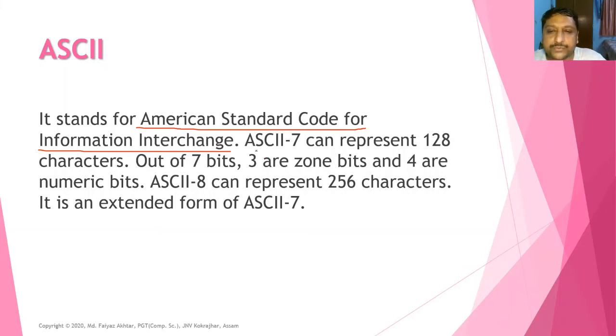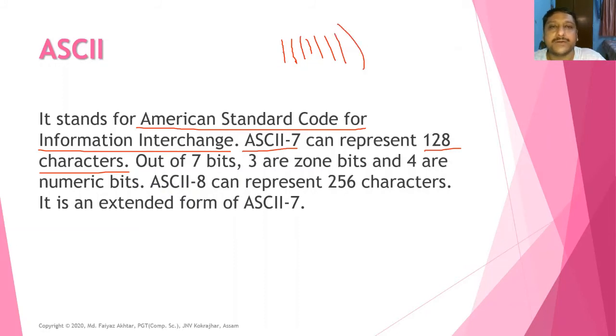Now there are 2 types of ASCII. ASCII 7. ASCII 7 can represent 128 characters. 128 different characters means ASCII 7 means we have to take 7 binary digits, 1 1 1 1 1 1 and 1.